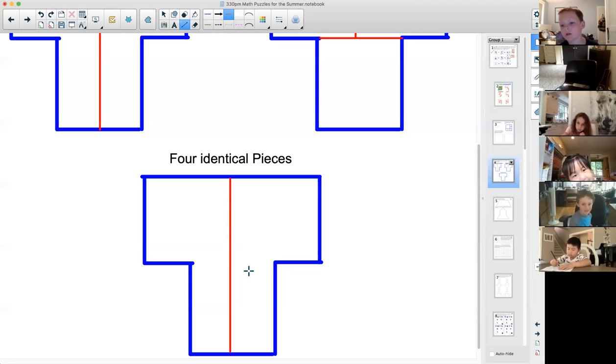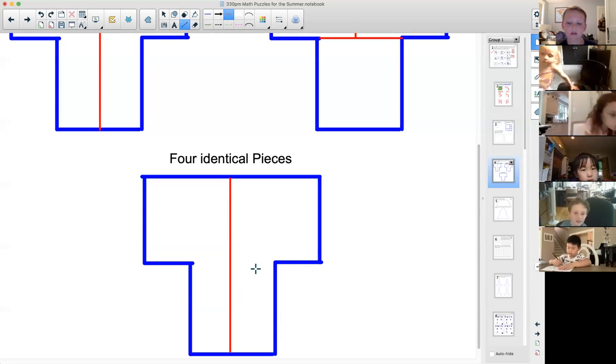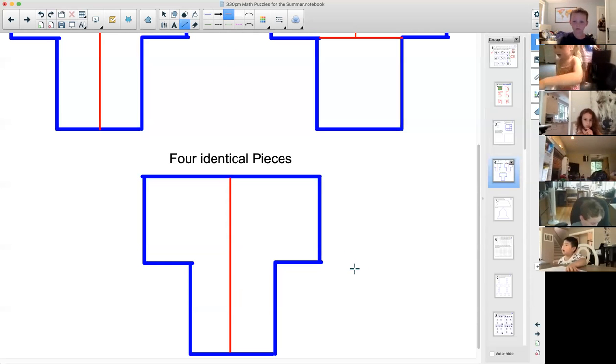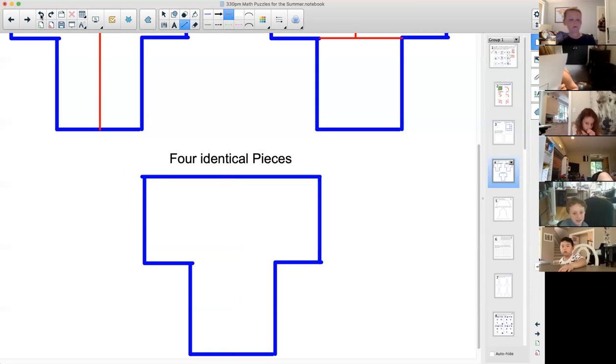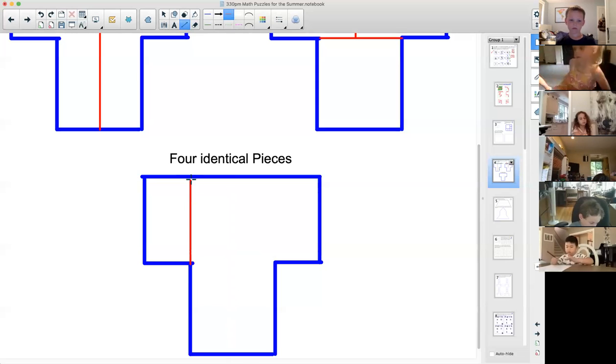So then what you would do is you would cut the top part. Wait, no, actually, what you would do is you would make a line not in the middle, but right on one of the sides. Yeah. Like this?